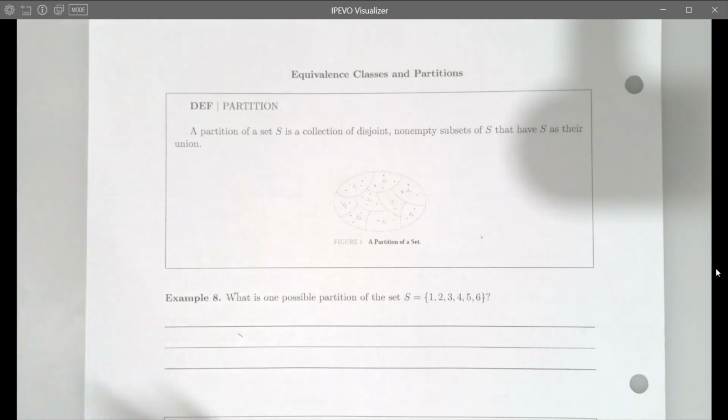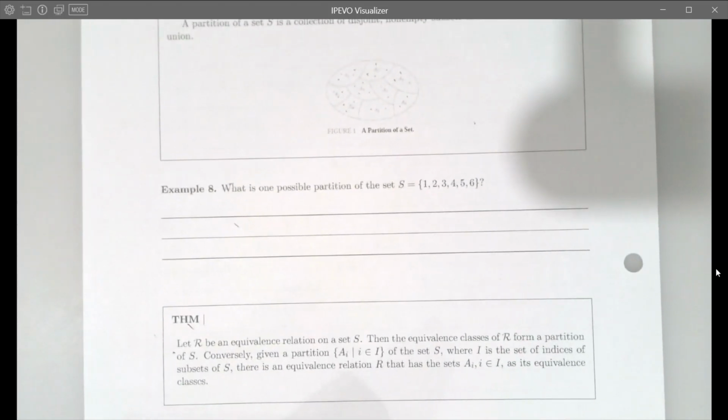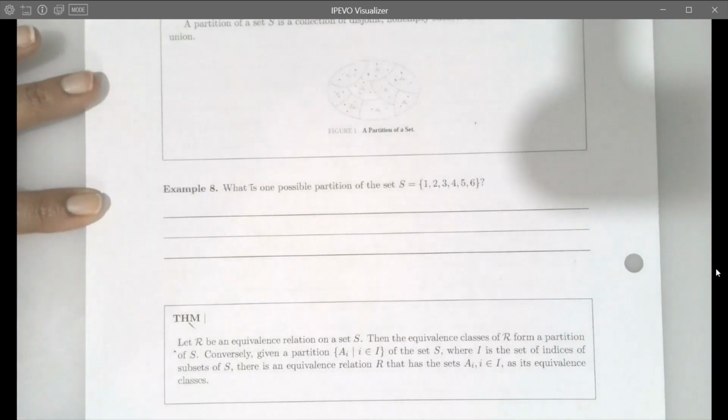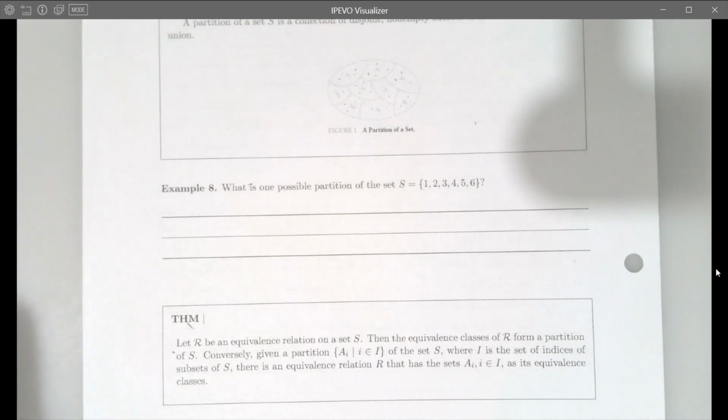So to see something a little bit more concrete, let's look at example number 8. This one is asking, what is one possible partition of the set S which contains the elements 1, 2, 3, 4, 5, and 6? So that means that we are simply going to break up the whole set into non-empty subsets.